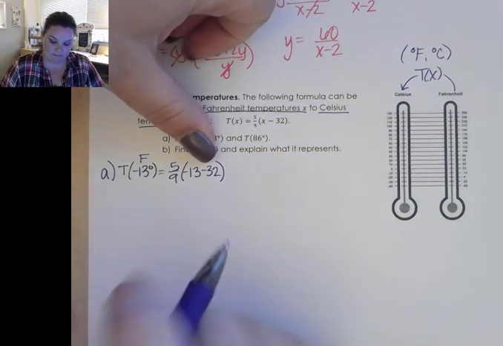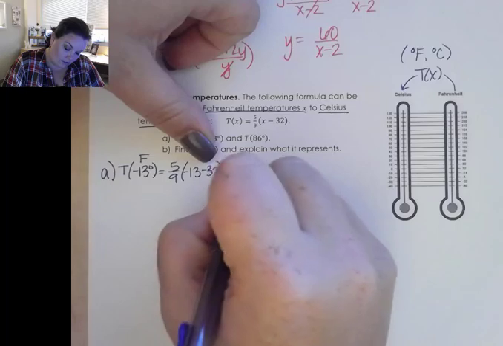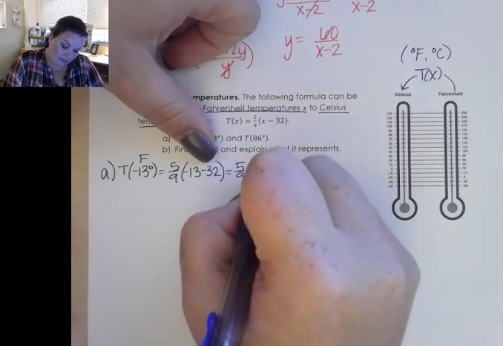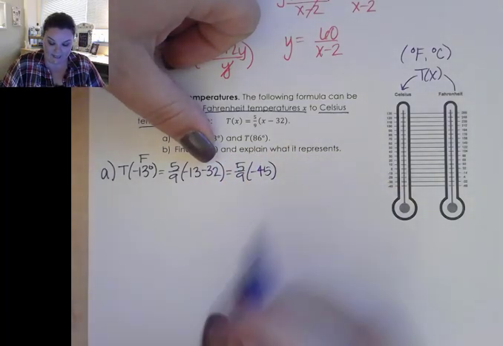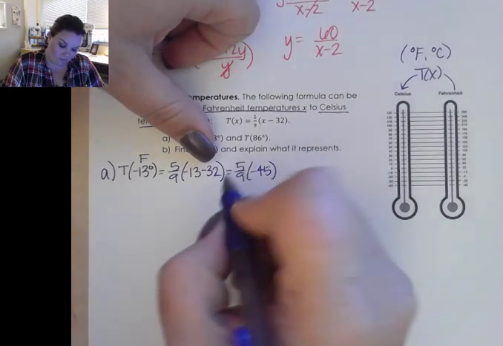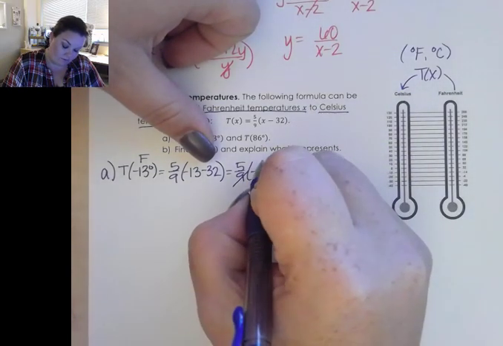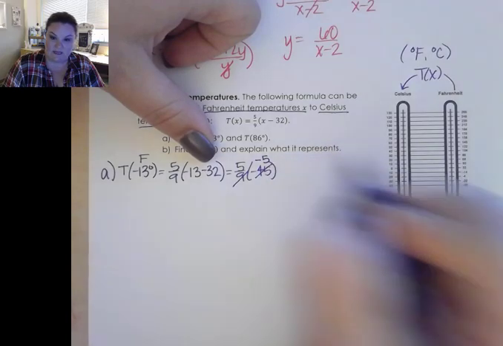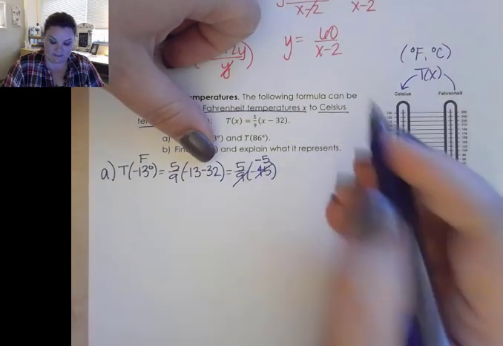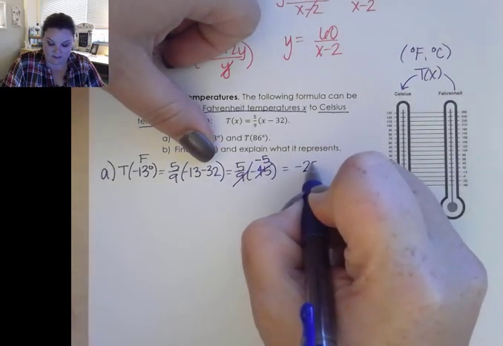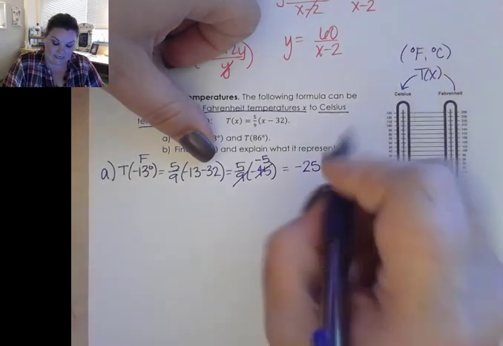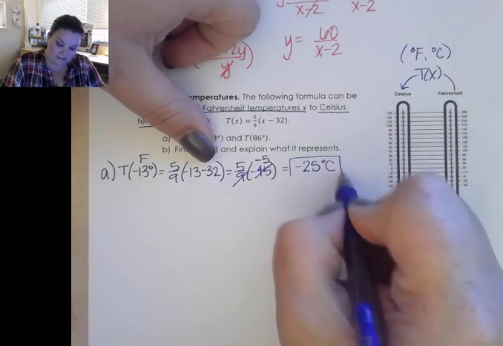So negative 13 minus 32 gives me negative 45. And 9 actually divides into negative 45 negative 5 times. Then 5 times negative 5 gives me negative 25 degrees. And now it's in Celsius.